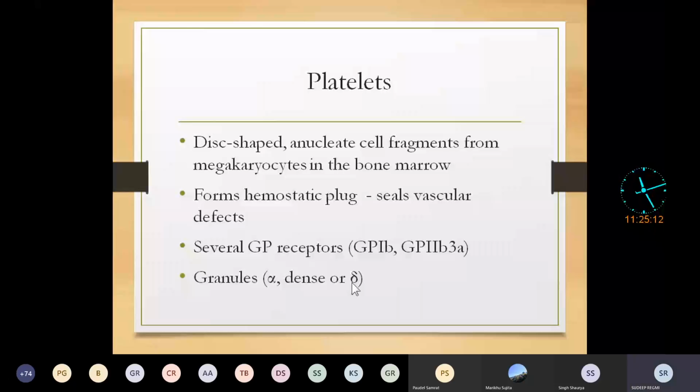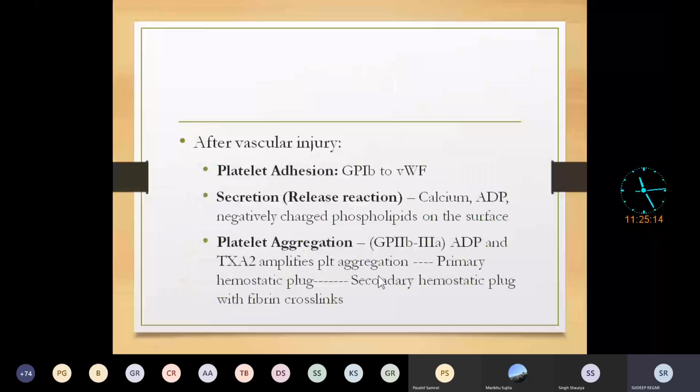After vascular injury, there will be platelet adhesion. This you already know. These are the things that happen to the platelets. First of all, there will be platelet adhesion. Then there will be the release reaction, which will lead to release of calcium, ADP, and negatively charged phospholipid on the surface.